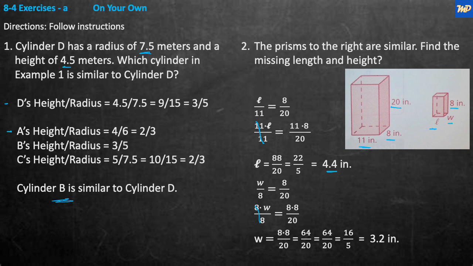So we'll have W alone. 8 times 8, 64 twentieths. Well, 64 twentieths can be reduced to 16 fifths. And 16 fifths can be reduced to 3.2 inches. So the answer here is 3.2 inches. Okay, those are the solutions we're looking for.